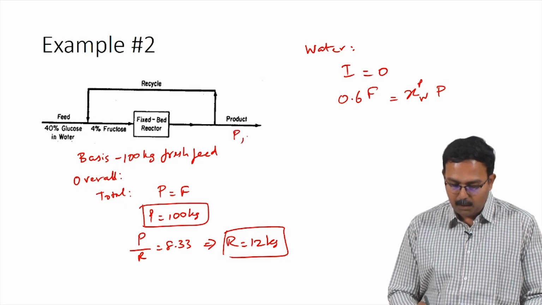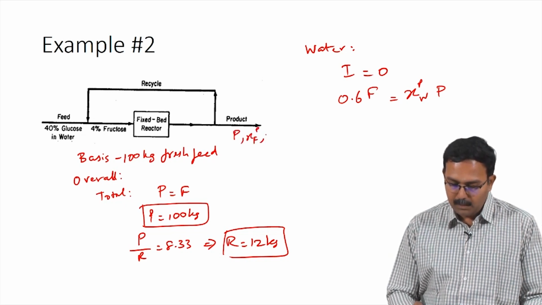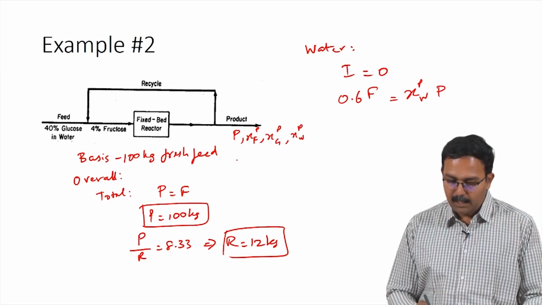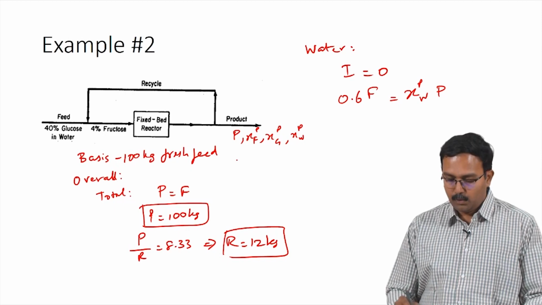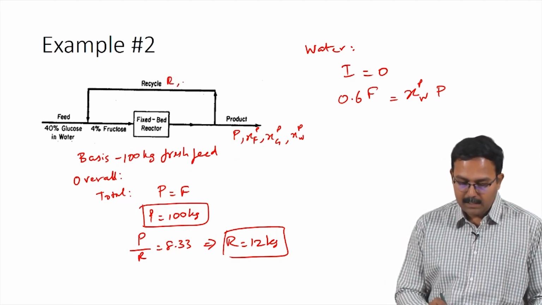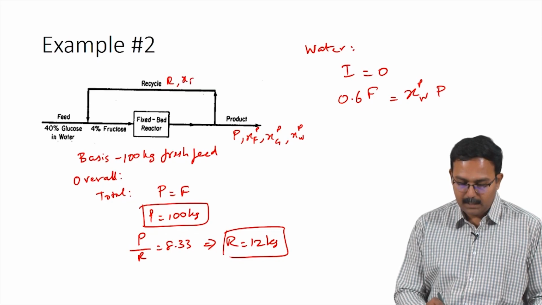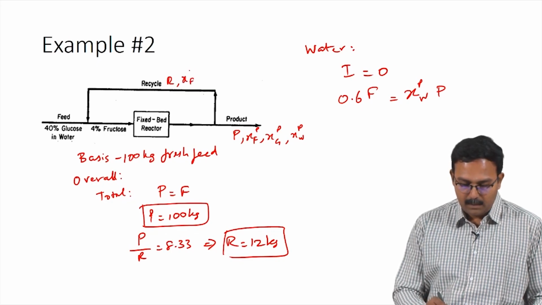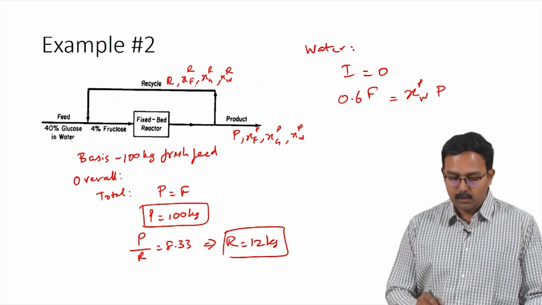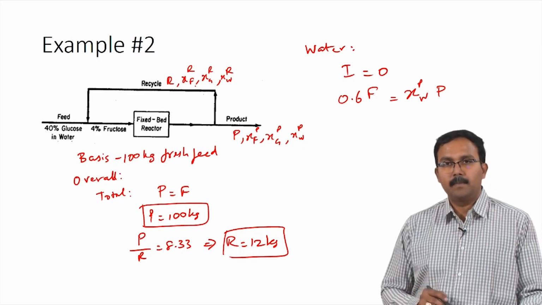So, P would be the product, XFP, XGP and XWP are the mass fractions of fructose, glucose and water in the product stream. Similarly, we would have R as the recycle stream with XFR, XGR and XWR as the mass fractions of fructose, glucose and water in the recycle stream.